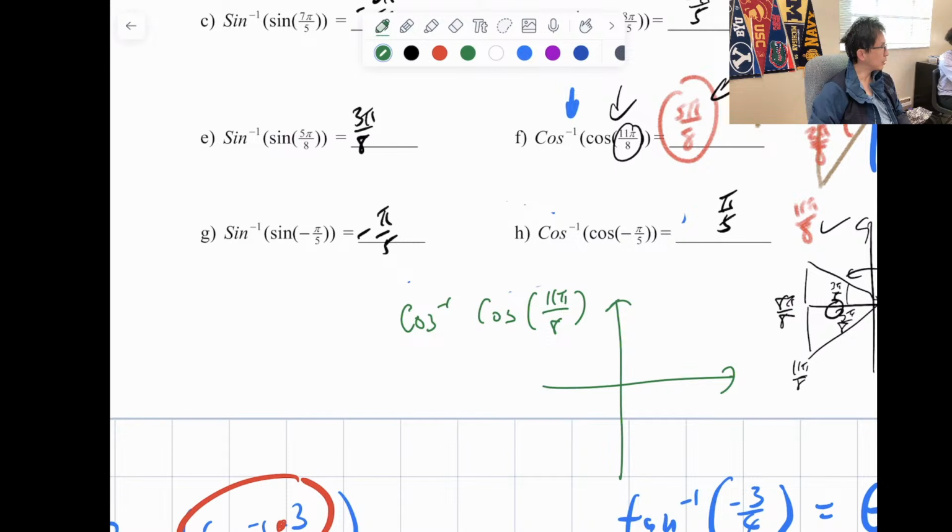Is it closer to the y-axis or closer to the x-axis? It's going to be closer to the x-axis, because this is 8 pi over 8, and this is 16 pi over 8, so this one is 12 pi over 8. Does that make sense? So it's going to be right here.